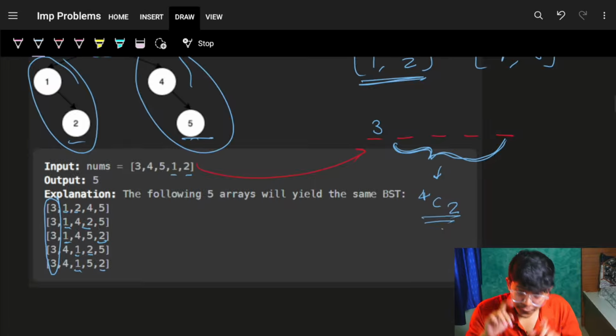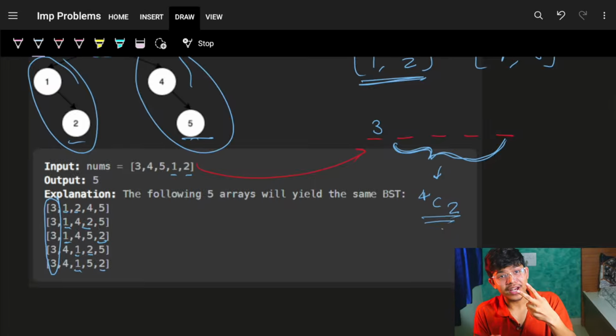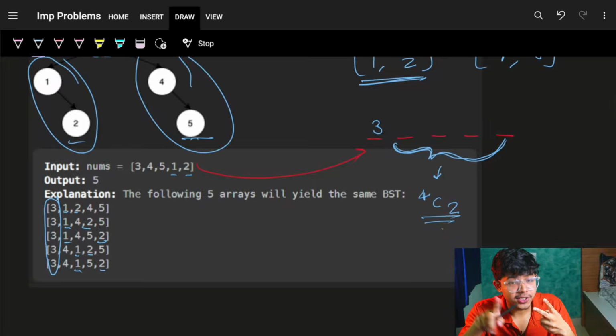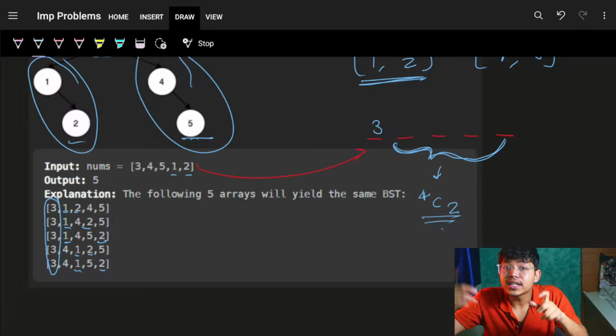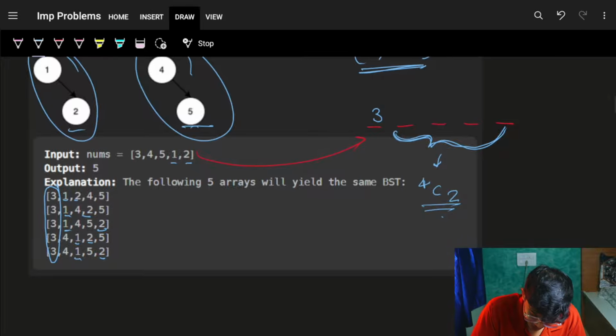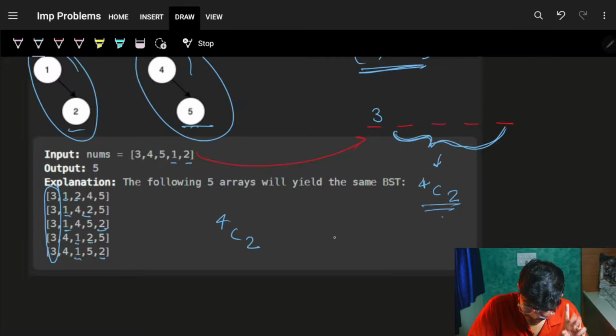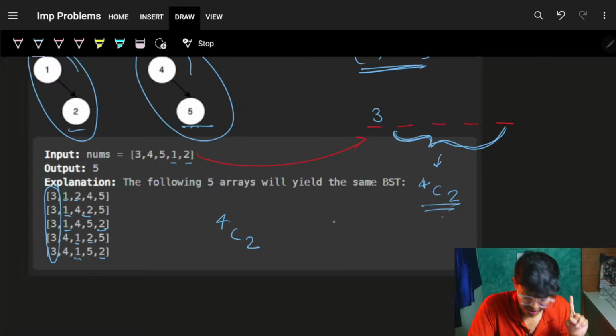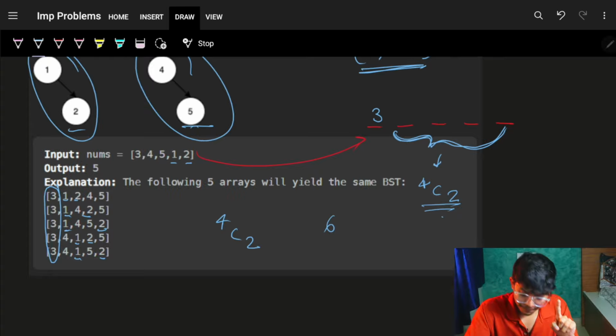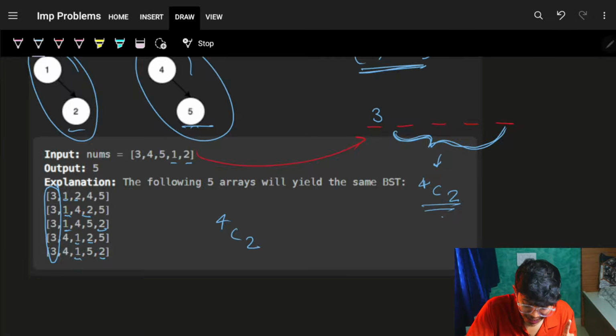Out of these 4 locations, I have to choose 2 locations and place a 1, 2, and please make sure I cannot order them otherwise, which means I cannot place a 2, 1. I choose 2 out of 4 positions, which means I have got 6 such pairs, but it is for 1, 2 itself and not 2, 1.